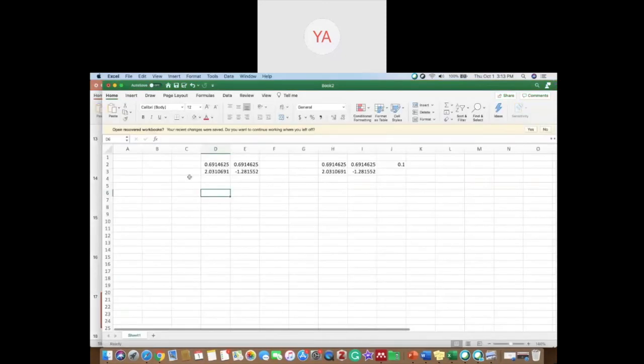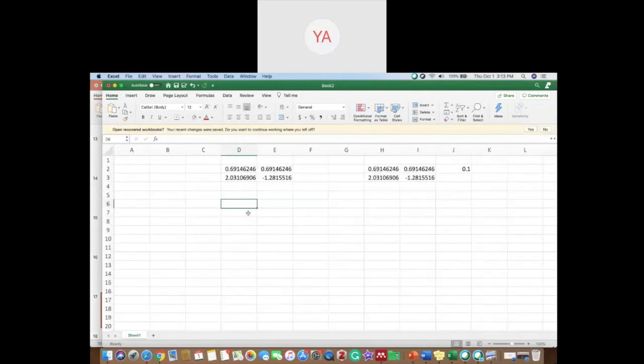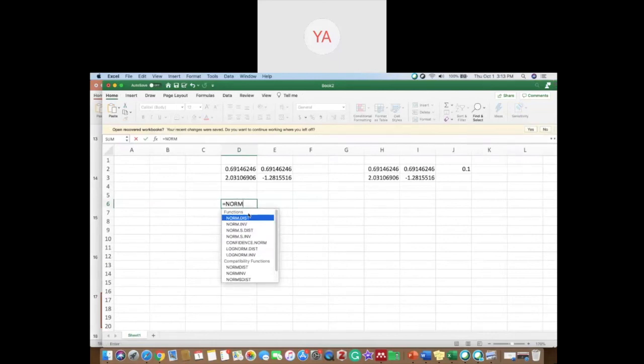So this one I was doing before your lecture actually, but I will start with a new one. As you know, in Excel, whenever you want to write down the formula, you need to start with the equal sign and then press NORM. This is asking me NORM.DIST. Now as you can see, this is asking me the value of X. In our case, it is 0.401.